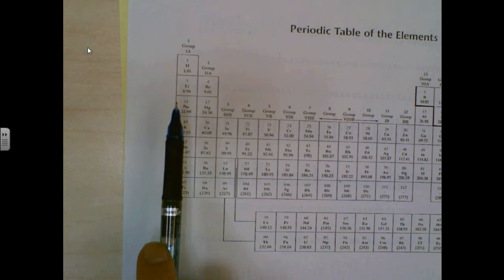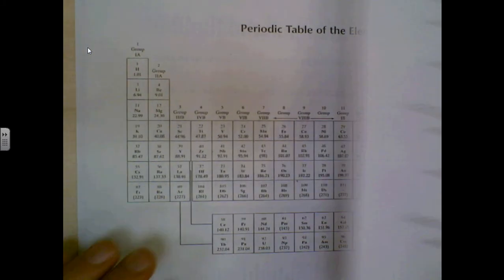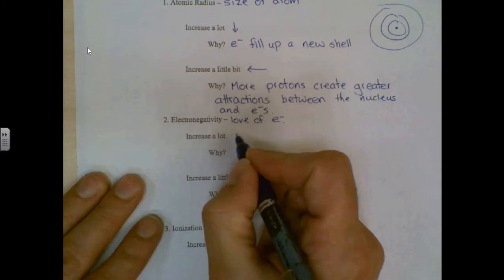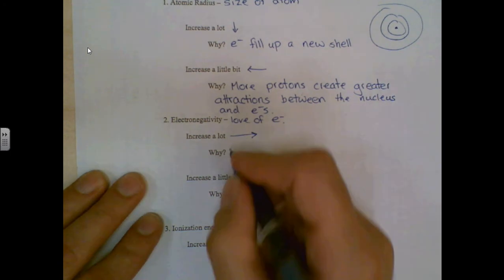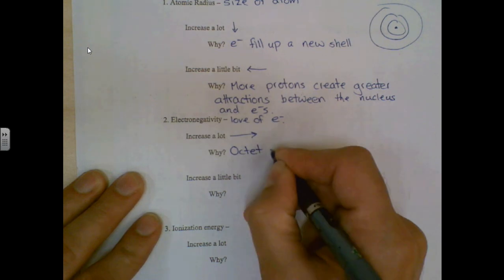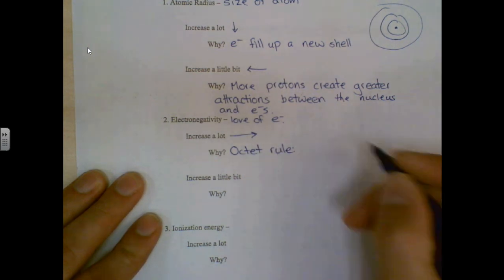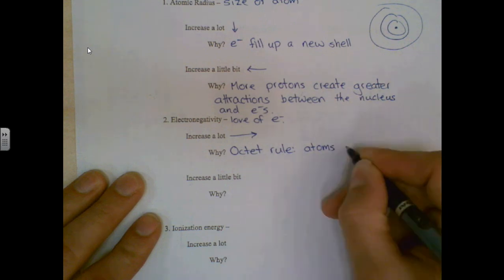They do not have, therefore, a very great love of electrons or a very high electronegativity. So electronegativity is going to increase a lot as you move to the right across the periodic table because of the octet rule, which states that atoms want a full outer shell.